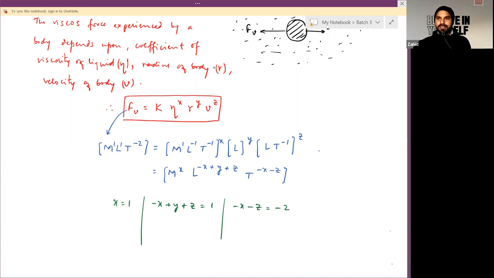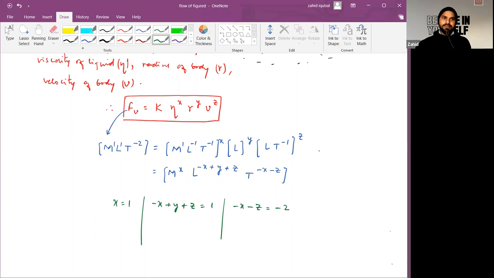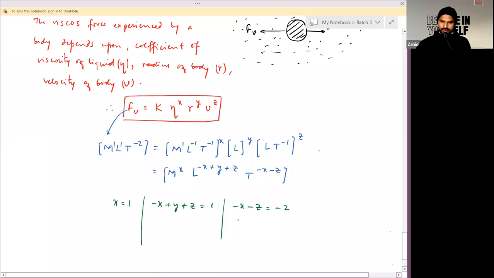So we already have x equals plus 1. Take out minus as common from this part, so you're left with x plus z equals 2, as this minus and this minus cancel out. Now put the value of x to be 1, so 1 plus z equals 2. So z will be equal to just 1.